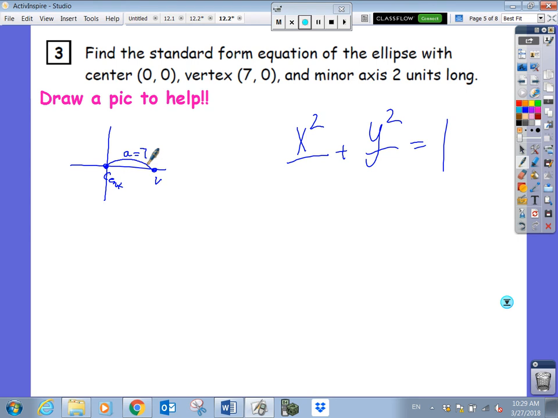Because that's the vertex, we know it's going to be horizontal, so 7 squared, 49, is going to be under the x. Then it tells us the minor axis is 2 units long. So the minor axis is 2b. It is 2 units long. Therefore, b is 1. b squared is also 1.